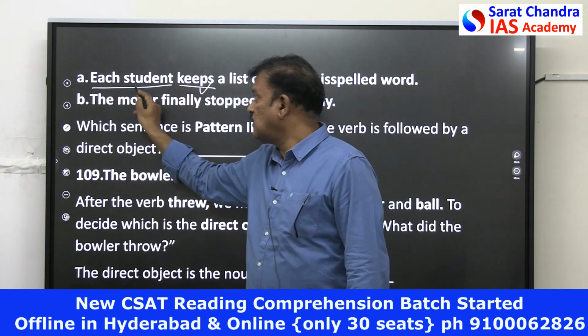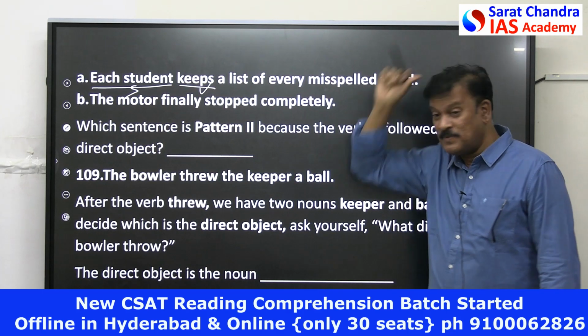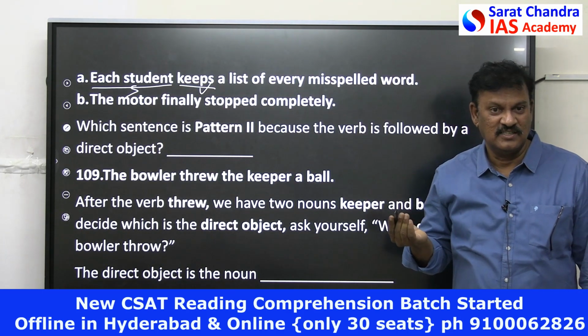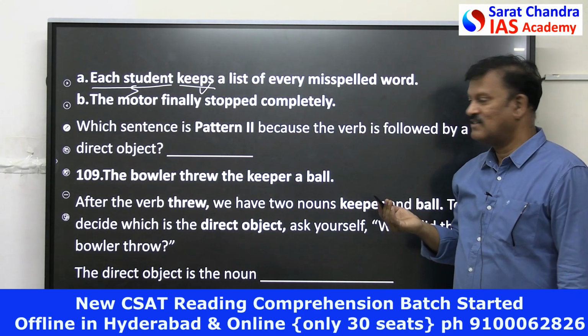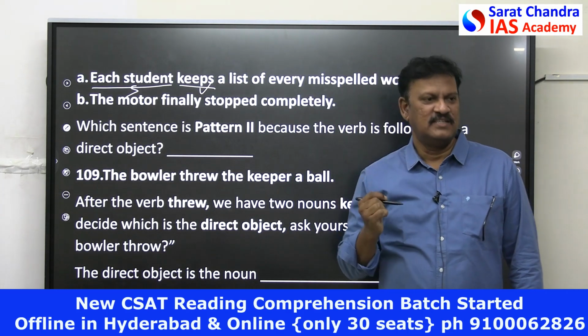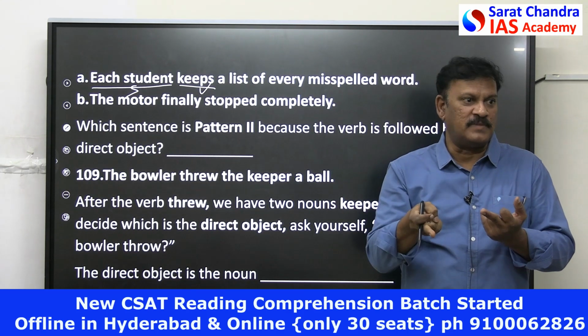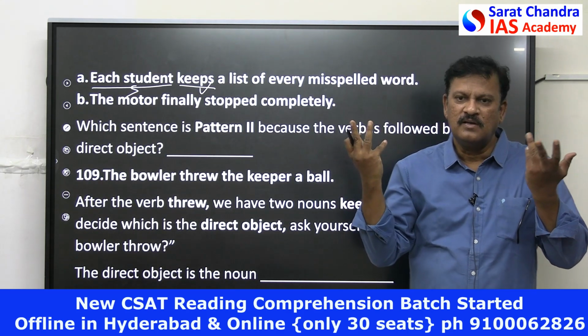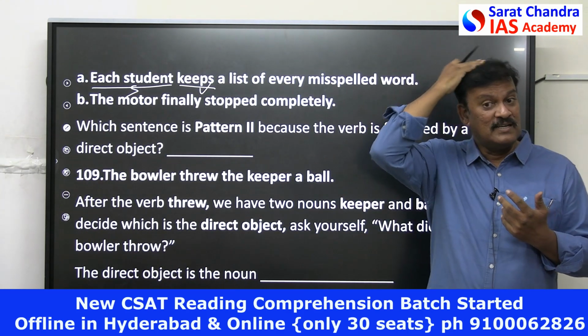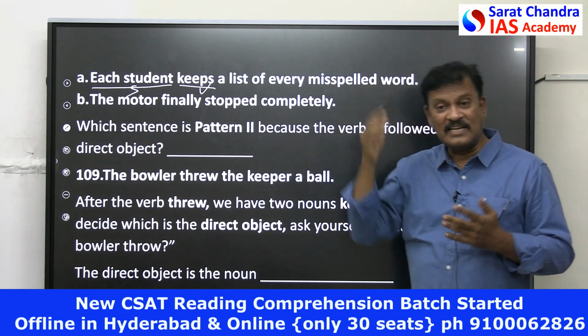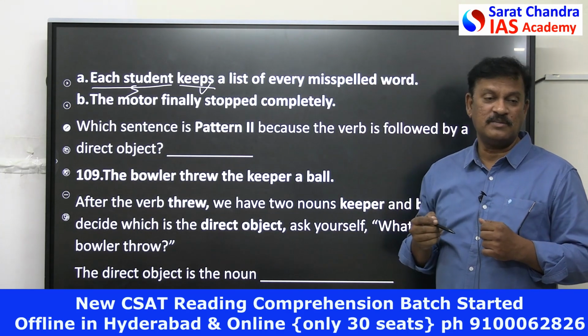Each student. Each student keeps what? That is the mistake. I am telling you something, you understood something, the story is gone. That's what you need to follow in the pattern. First tell me, is there any extra information? Preposition? Where is the preposition?